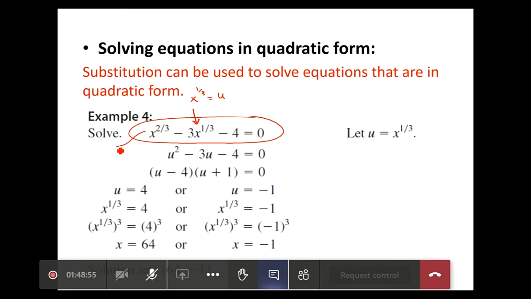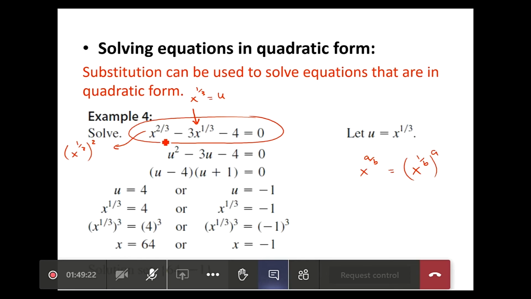Here we have x to the power 1 over 3 all to the power 2. We can separate the 2 outside the x to the power 1 over 3. And in general, if we have x to the power a over b, we can write this as x to the power 1 over b all to the power a, like this.